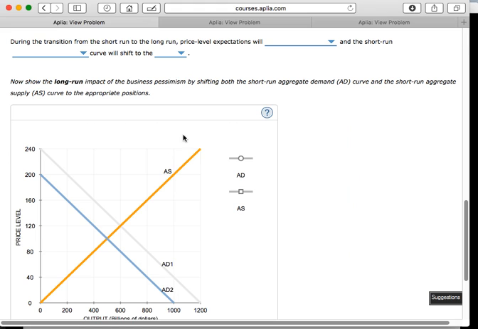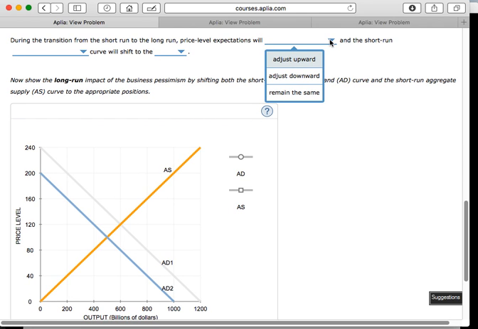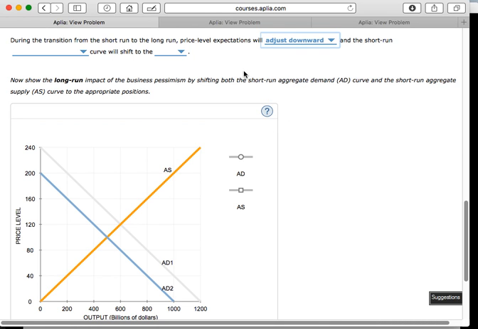So if we go back to our question, during the transition from the short run to the long run, price level expectations will... well, we see that the price level was expected to be 120, and aggregate demand has shifted left. So now prices have gone down, and we're going to adjust downward. The whole point of the movement along the short run aggregate supply curve was that prices weren't what was expected.